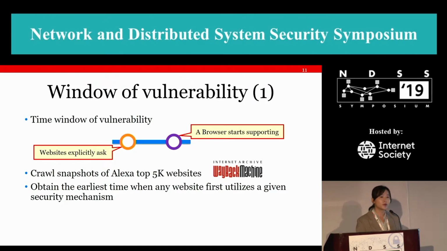To know when a particular security mechanism is asked for by websites, we crawl the history snapshots of the Alexa top 5,000 websites from the Internet Archive, and we extract their headers to obtain the earliest time when any website first utilized a given security mechanism.